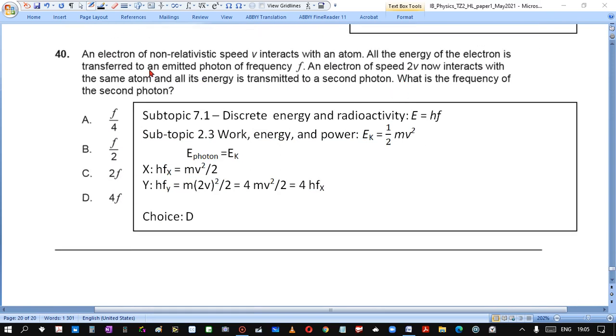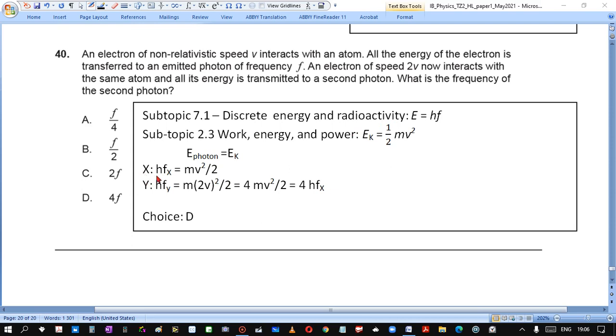Question 40. An electron of non-relativistic speed v interacts with an atom. All the energy of the electron is transferred to an emitted photon of frequency f. An electron of speed 2v now interacts with the same atom, and all its energy is transferred to a second photon. What is the frequency of the second photon? So subtopic 7.1 gives us the energy of a photon. Also we know the kinetic energy of the particle, here the electron.